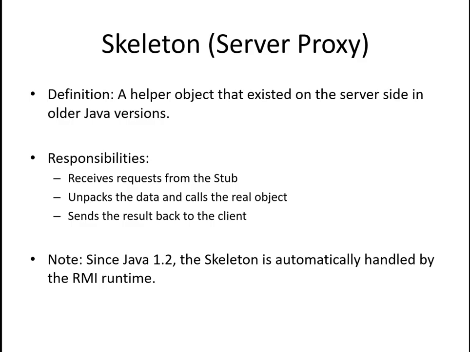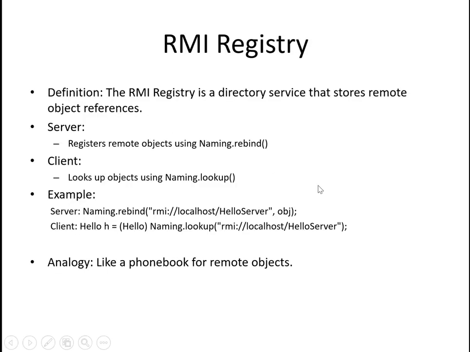Okay, the next thing is the RMI registry. Think of your mobile phone. When you want to call your friend, you don't remember the full number. We usually don't remember all our friends' numbers, so instead you save the number under your friend's name.